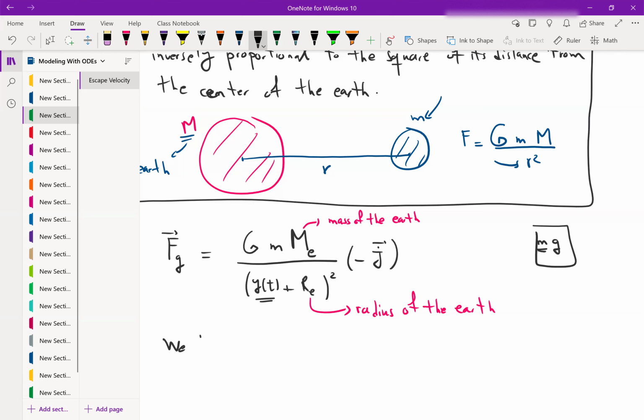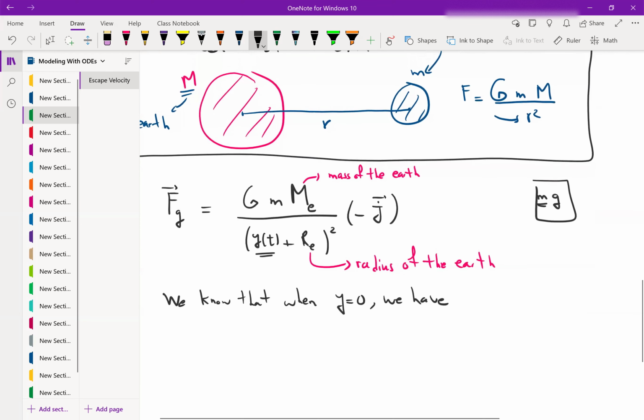Let me actually write this, we know that when y is zero, this magnitude that you see here is G times the little m times the mass of the Earth divided by 0 plus the radius of the Earth squared. This must equal the known value mg. You all know this formula mg. That is when you're on the surface of the Earth. That is how you should think of g, the acceleration due to gravity.